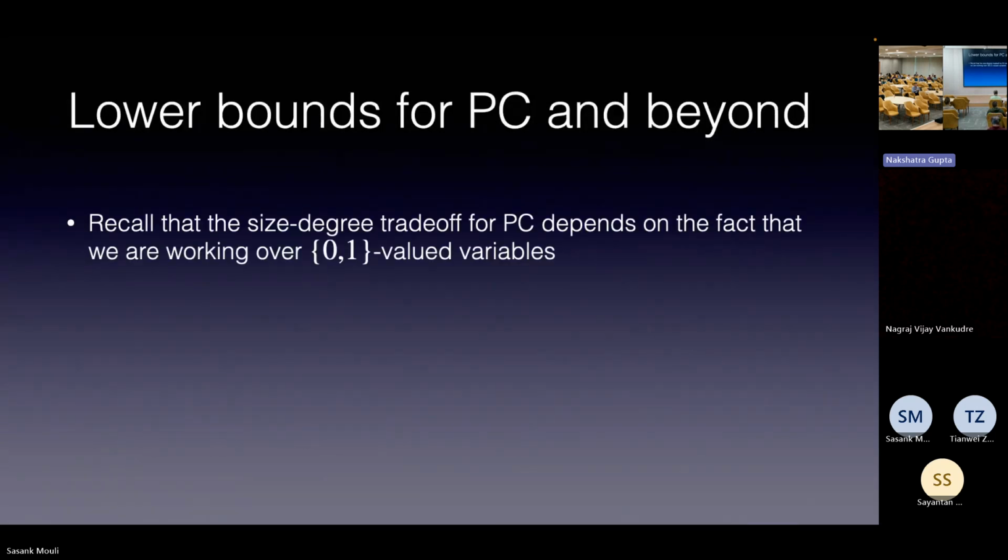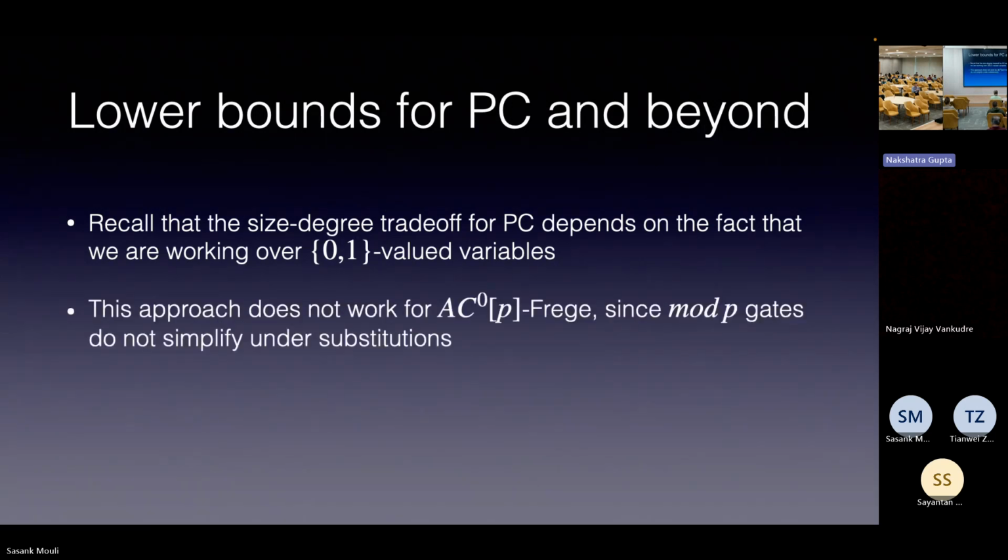So, like I said, these lower bounds are mainly over 0, 1 valued variables, right? And that is very crucial in these size degree trade-offs. And you can simply observe that this kind of approach, where we are restricting values to 0 or 1, doesn't work when mod p gates are in the picture. For example, if you have a big parity gate, you set variables to 0 or 1, nothing is going to happen to the parity gate.